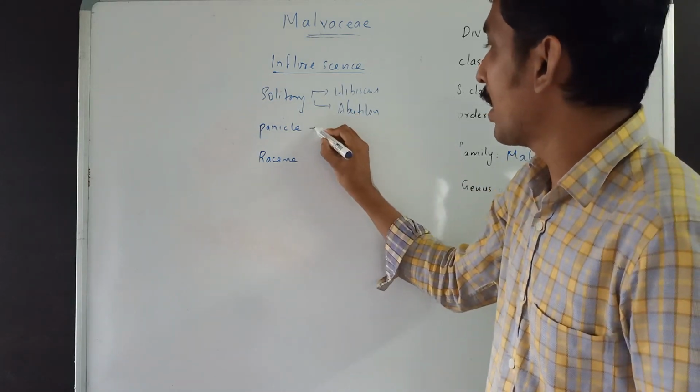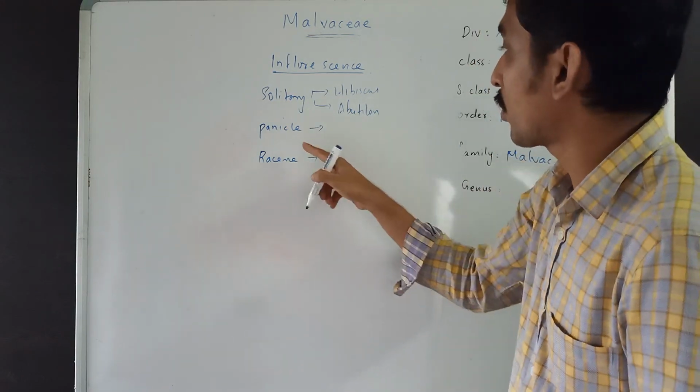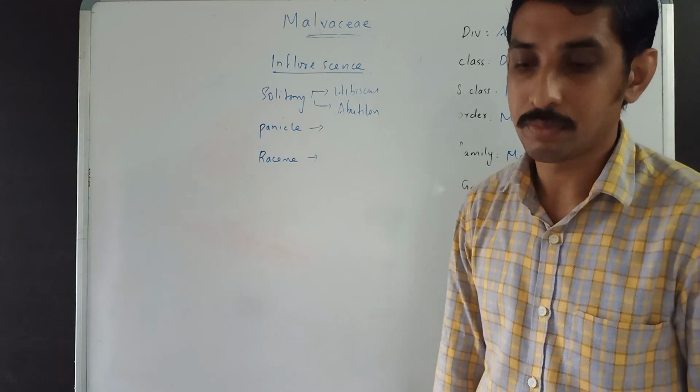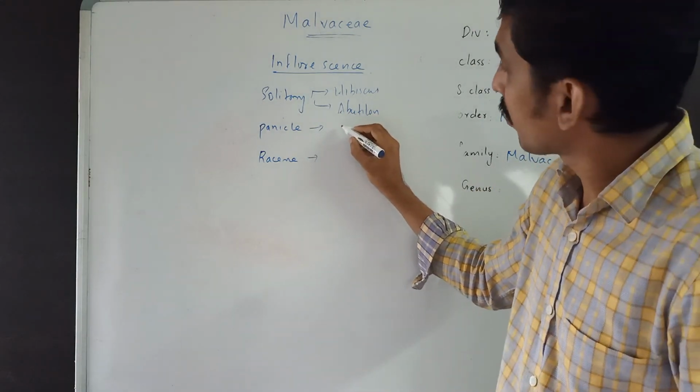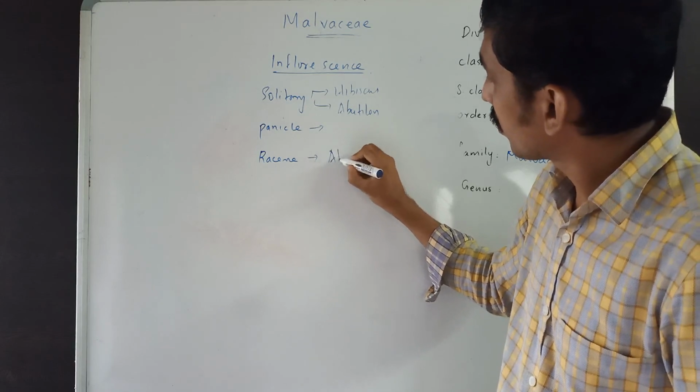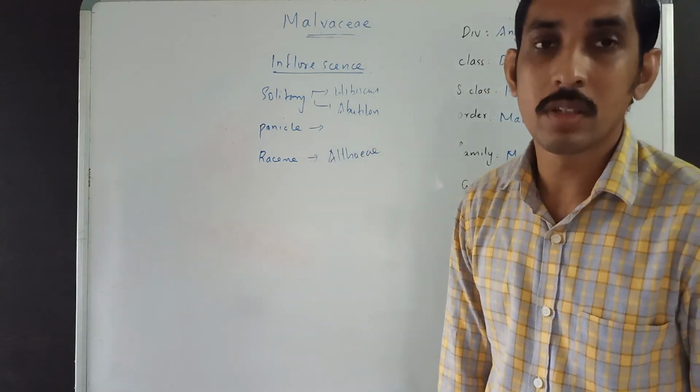Whereas in rare cases, some plants show inflorescence like a panicle and raceme. Let us take the case of Althea. Its inflorescence is raceme.